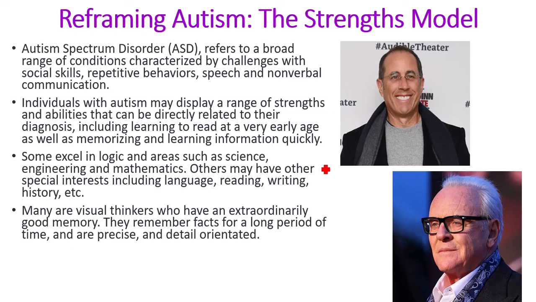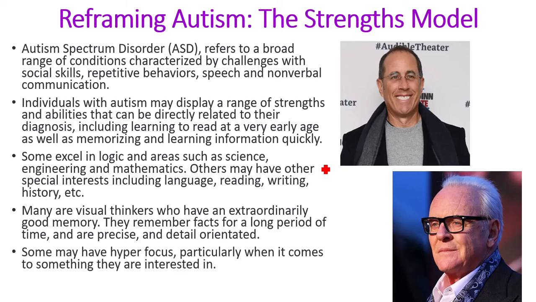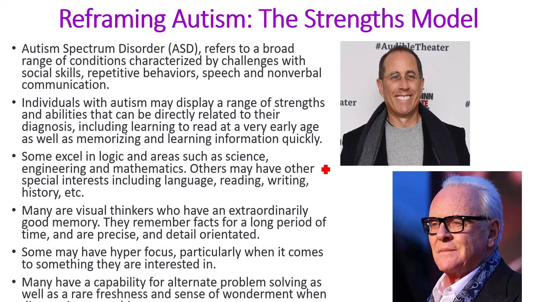I know someone else who is very interested in fantasy, and they can tell you everything about every fantasy series, book, movie, game, all of that kind of thing. Some may have hyperfocus, particularly when it comes to something they're interested in. And many have the capability for alternate problem solving, and a rare sense of wonderment when discovering something new.